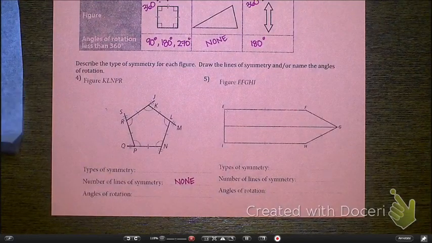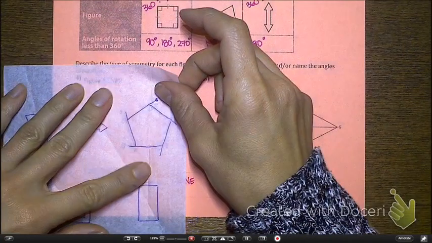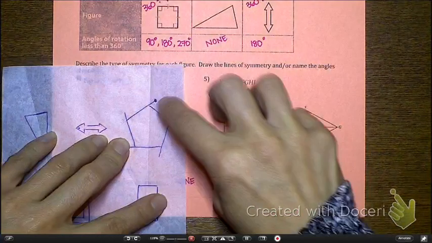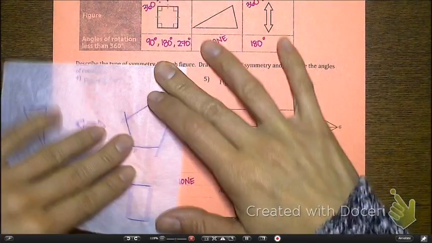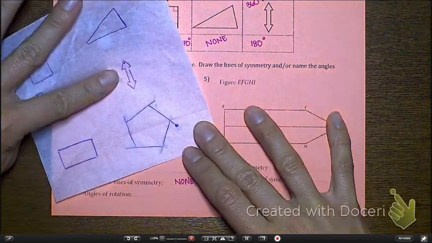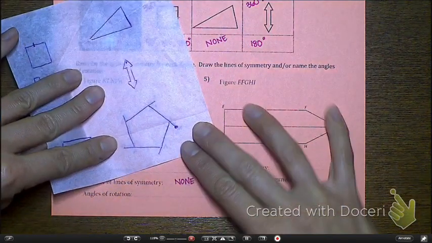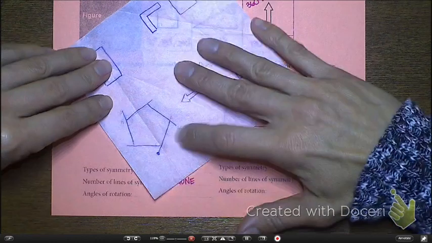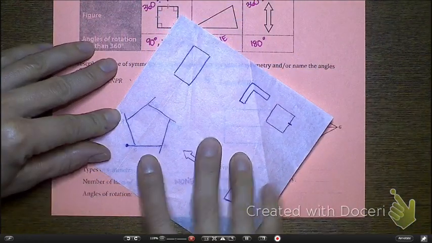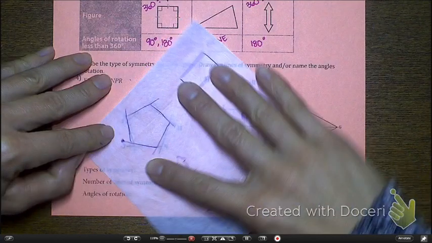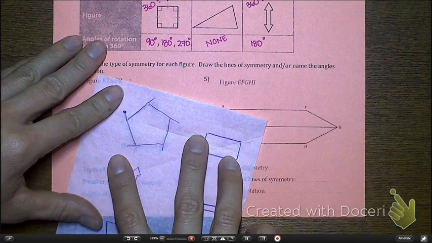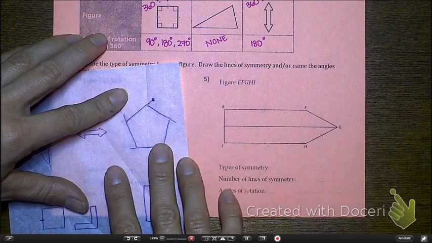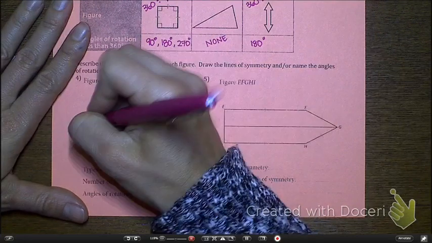All right, now, what about rotational symmetry? Okay, so I drew a dot up here so that I would know when this point gets back to where I started. But let's take a look at turning it. Okay, there's one turn. Is it now on top of itself? Yeah, okay. 2 turns. 3. Right? 4. And how many to get back to where I started? 5, right? Okay. So, how am I going to find the angles of rotation?